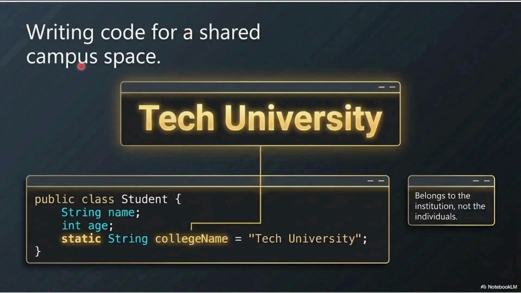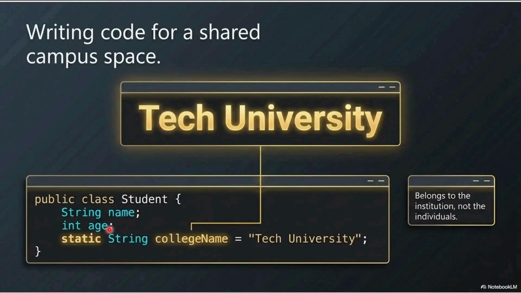Writing code for a shared campus space. For example, there is a Tech University. Obviously over here we have a blueprint, that is a class Student. Then we have name and age, and then I have declared static String collegeName, and I have assigned the value Tech University, because every student will belong to this university, but they will have an individual name and individual age.